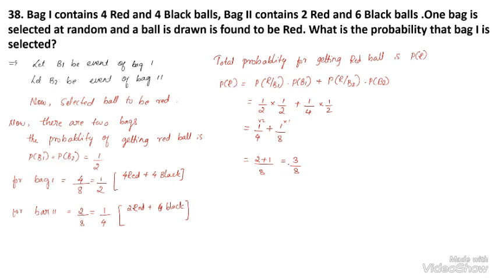This is the total probability of getting a red ball from bag 1 and bag 2. But we have to find: what is the probability that bag 1 is selected?